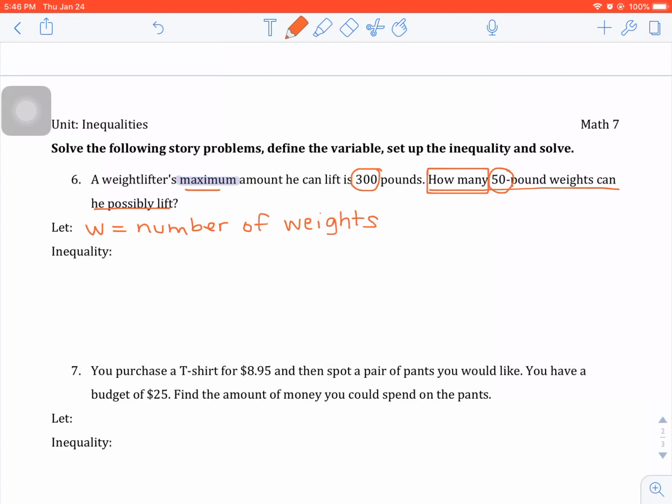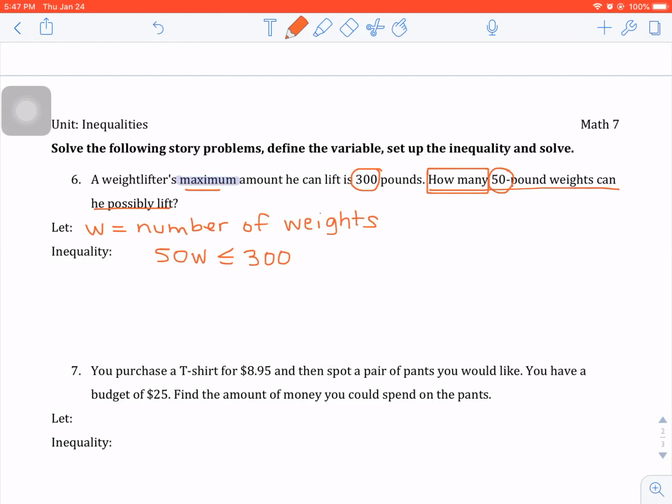So we know maximum means less than or equal to, and the maximum that he can lift is 300 pounds. We want to know how many 50-pound weights he can lift, and W represents the number of weights. So we are going to say 50W is less than or equal to 300.